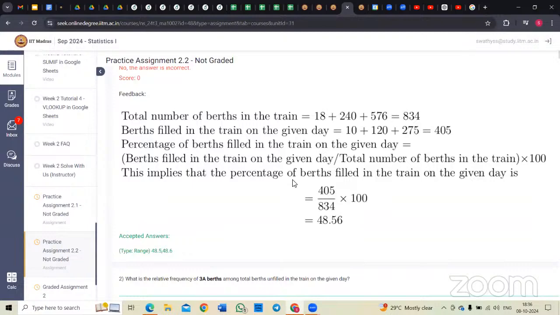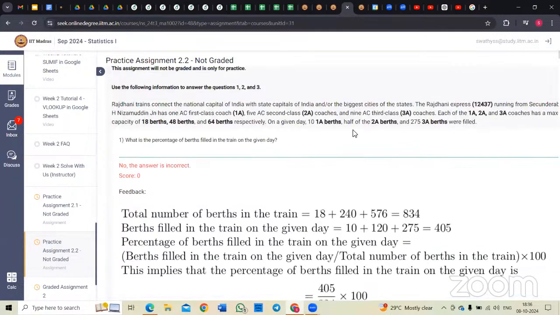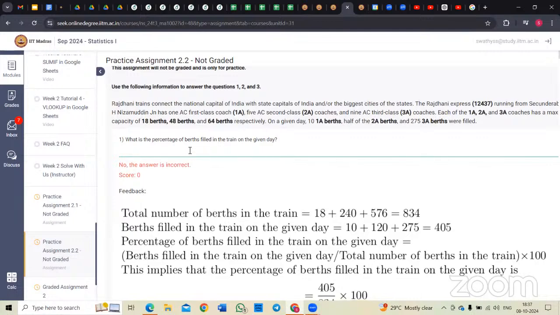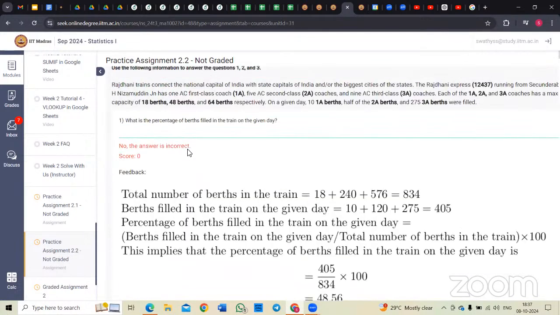Okay, fine. See, question 1 is solved, right? What is the percentage of berths filled? Is your first part solved? No, I was unable to solve that. Okay, fine.